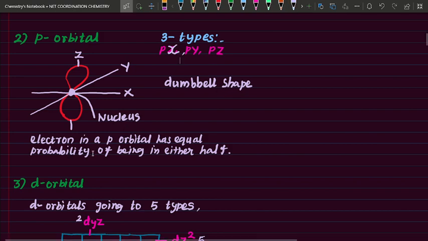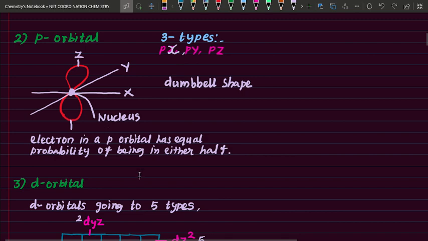Here, an electron in a p orbital has equal probability of being in either lobe.